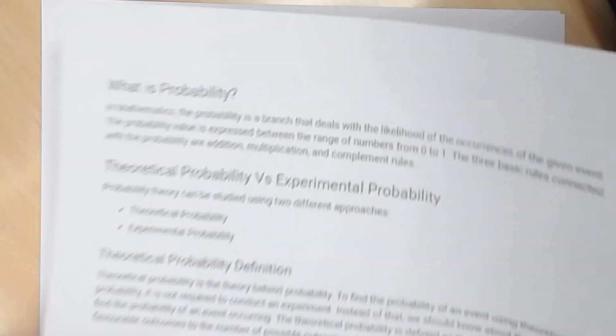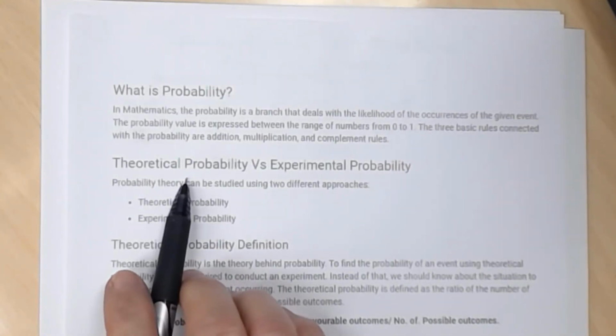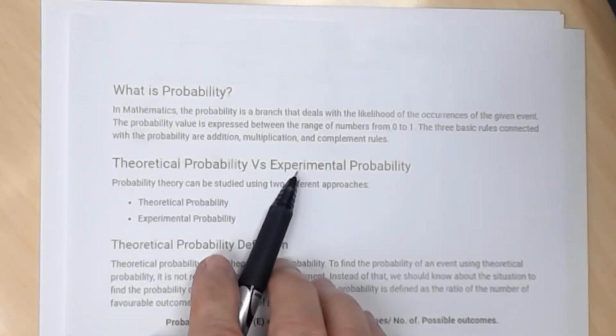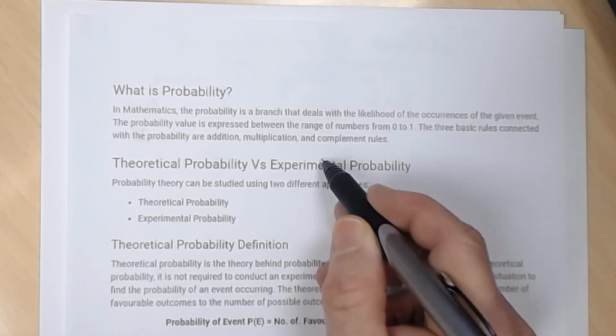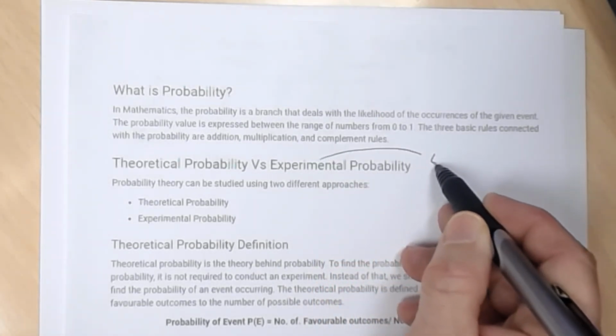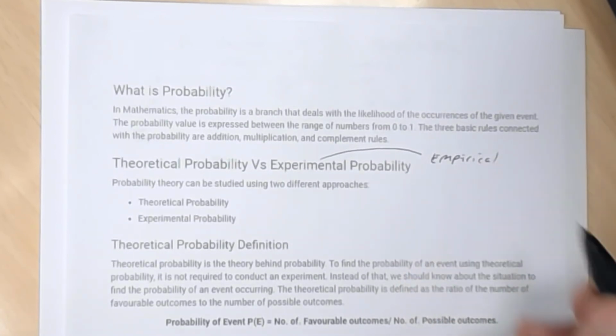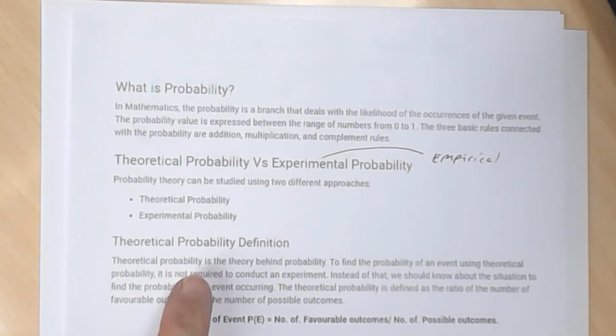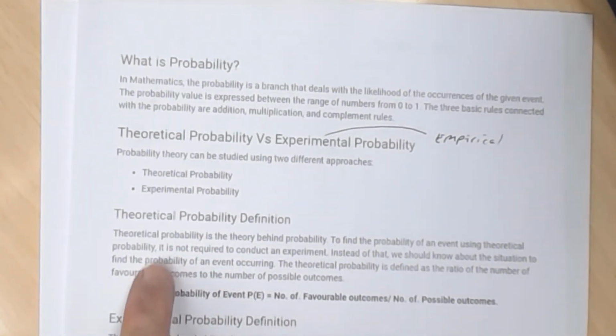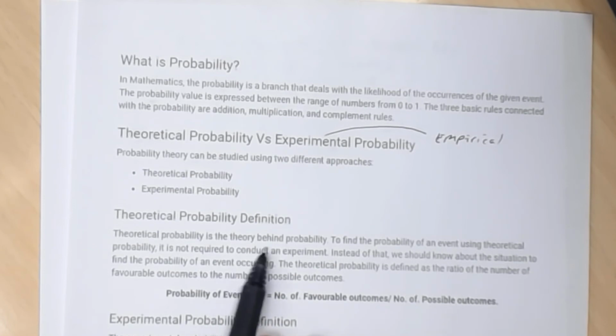All right, there are going to be two kinds of probabilities we're going to talk about in this section. One's called theoretical probability, and the other one's called experimental probability, sometimes called empirical probability. Let's talk about the theoretical definition first. Theoretical probability is a theory behind probability.